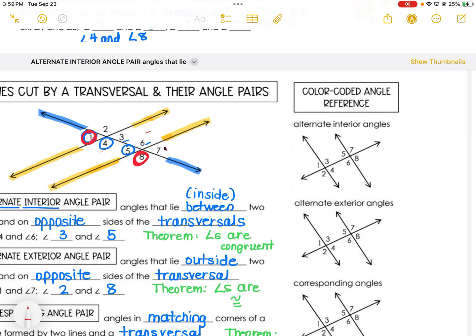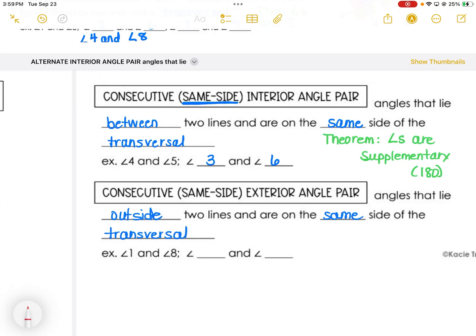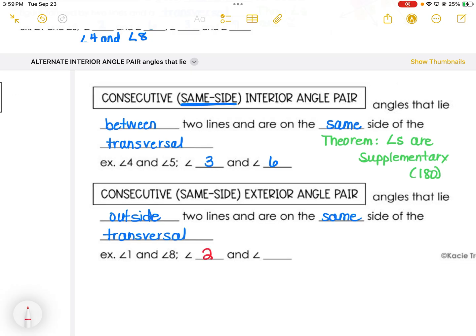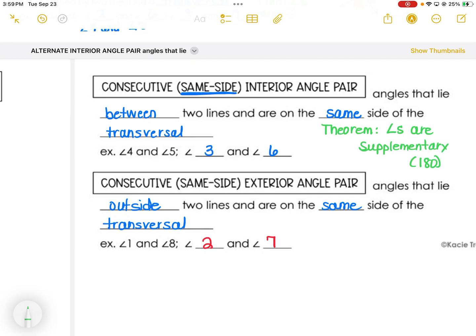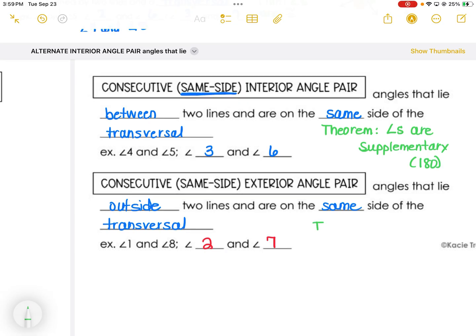And then the other pair would be 2 and 7. So 2 and 7 would be our other examples, 1 and 8 and 2 and 7. And just like the same side interior, the same side exterior theorem says that these angles are also supplementary.